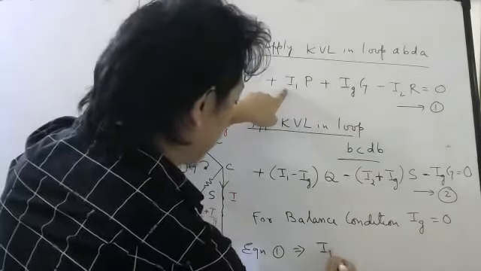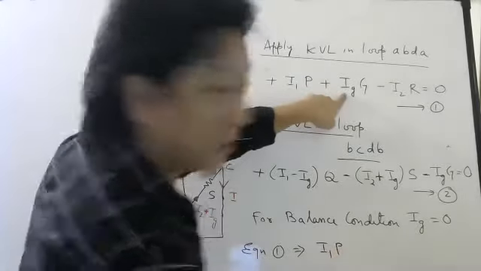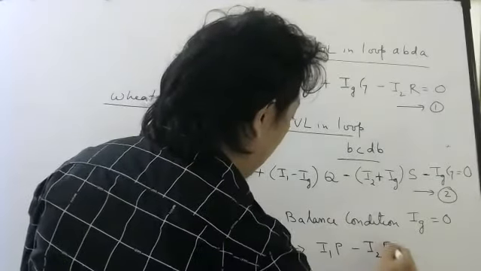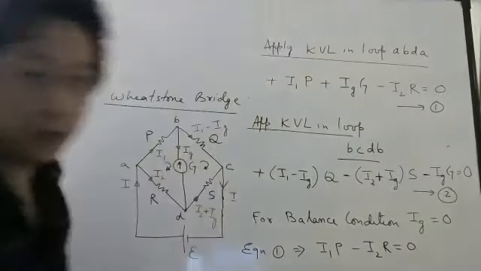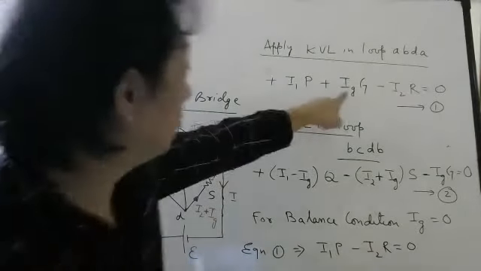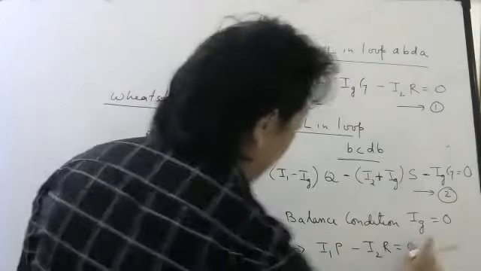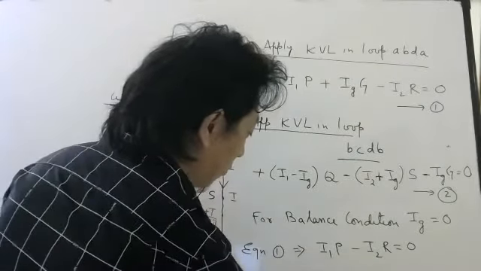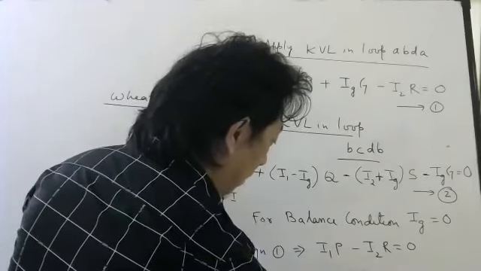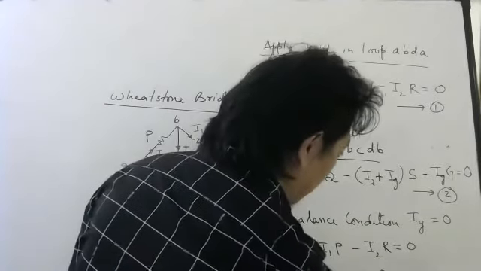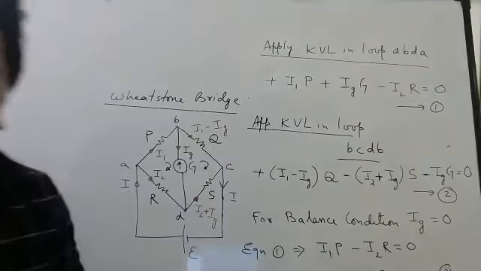I1P plus Ig is 0, so this term will be 0. Minus I2R will be equal to 0. Correct now? Because this term will be 0 for balance condition. Now you take this one that side. So I1P will be equal to I2R. Equation 3.